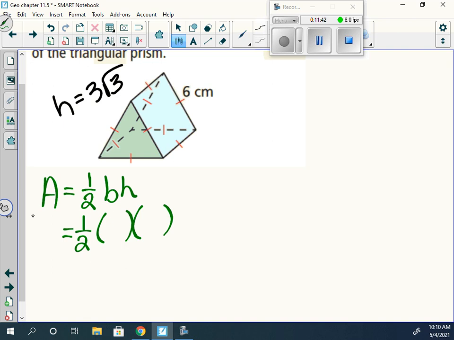Well, our base in our case is what? 6. Because these little hash marks on pretty much every single side are saying that all the sides are the exact same. And they give us a unit of 6, so all the side lengths are going to be 6.